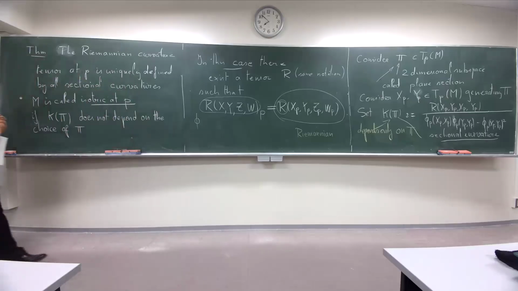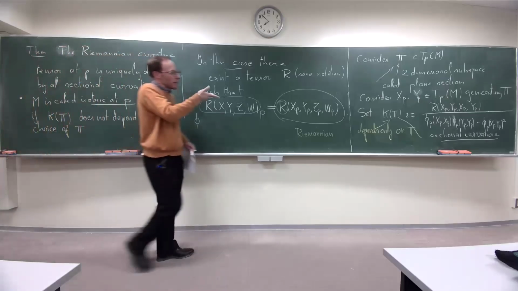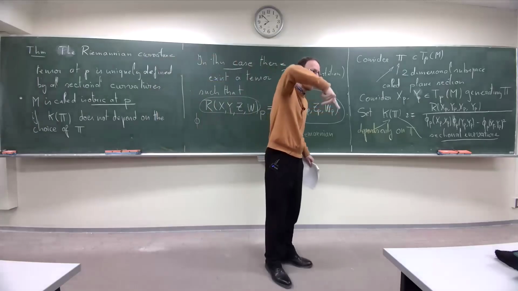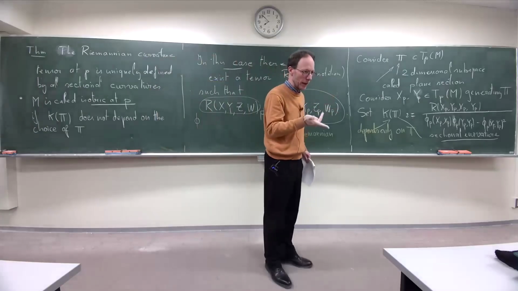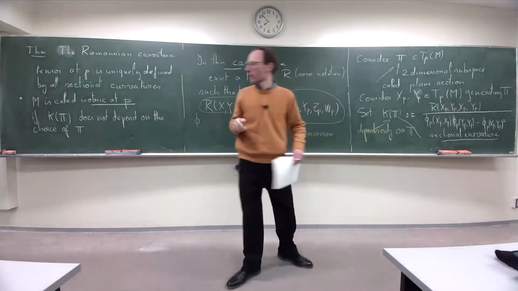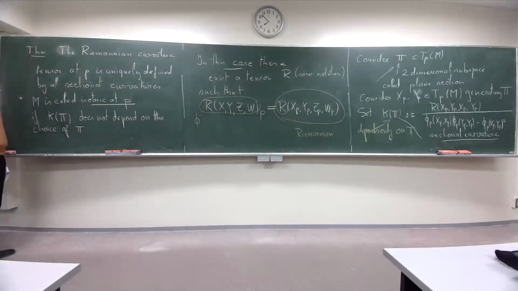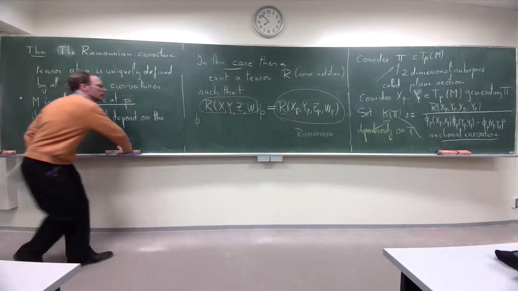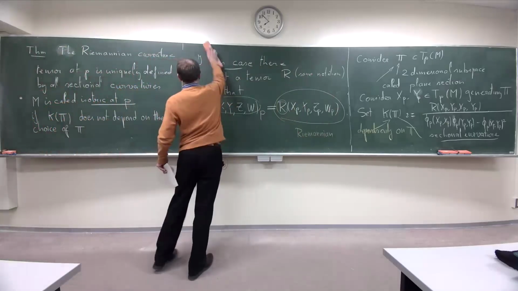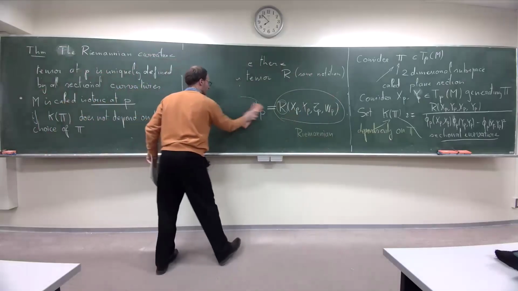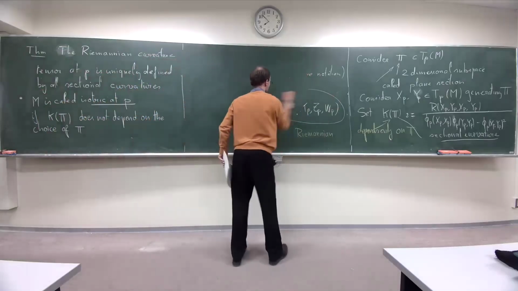So what does it mean? It means in your m-dimensional space, no matter which two-dimensional subspace you take, you get the same thing. And we will see in a second, if we are back in the two-dimensional space, it makes sense. So it's called isotropic at P if it doesn't depend on the subspace.